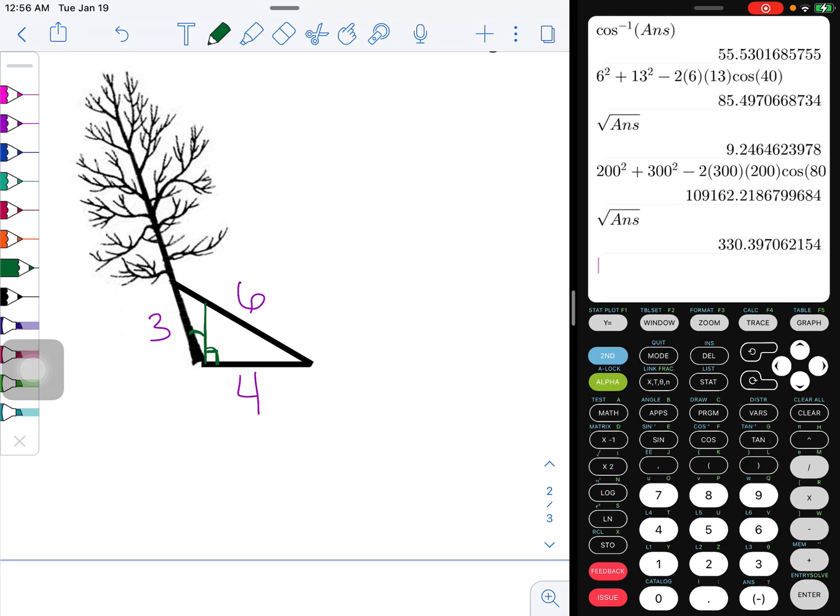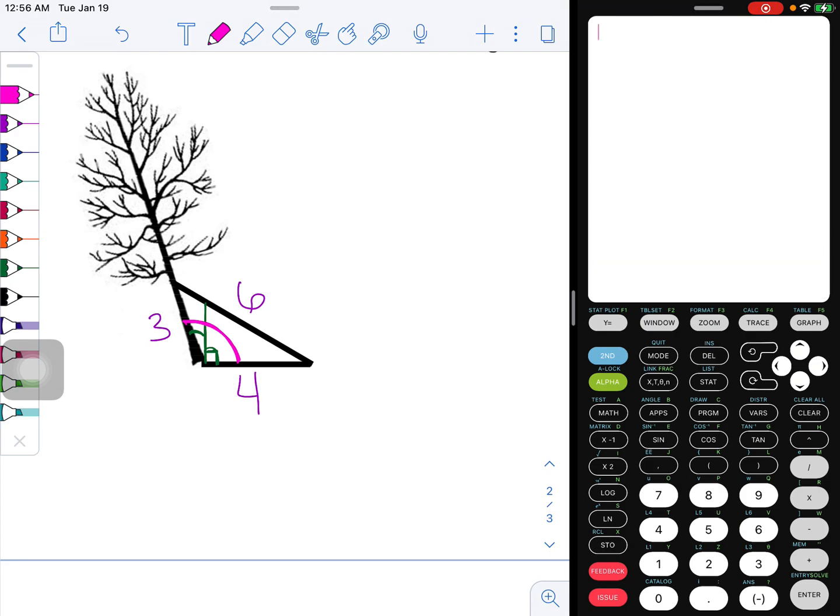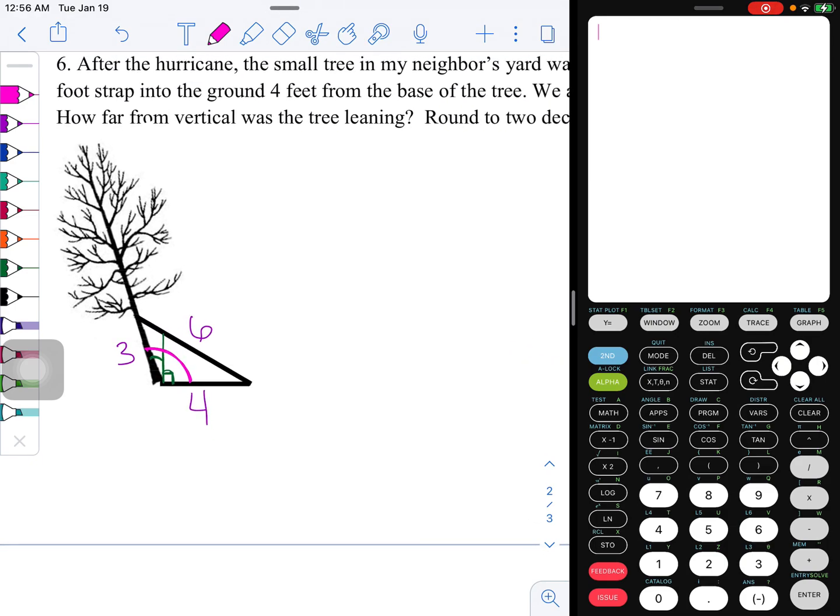But what I'm going to do to find it is find this whole angle and then subtract off 90 degrees from it, because that would be the vertical part, and then I want to figure out how far it is off of 90 degrees. So that is the angle I'm looking for, which is opposite the 6.